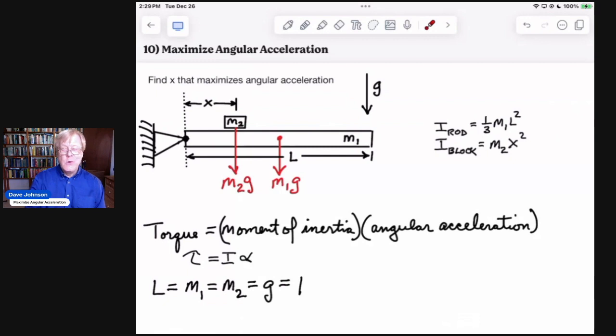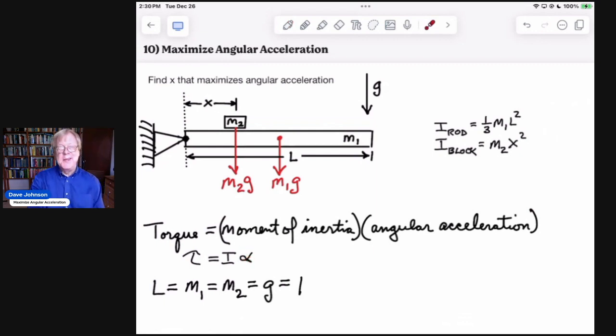And although there are more symbols involved, it turns out that those are all constants. So from a calculus point of view, they don't really affect anything. There's still only one independent variable in this problem, which is the x. Okay, and the angular acceleration that we're trying to maximize is this alpha here.